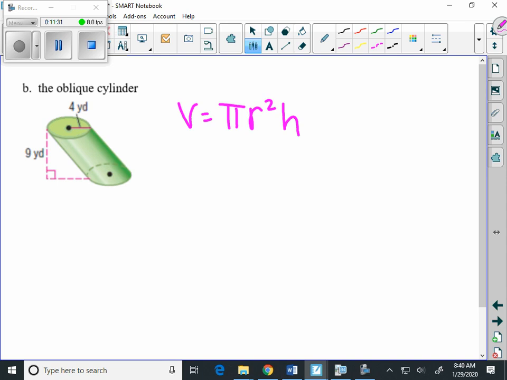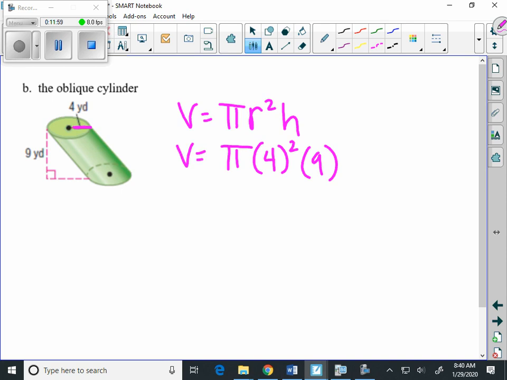Well, our radius is given to us in this particular cylinder. It's that pinkish color right there. That distance is 4, so this is 4 squared. And then the height of this figure is outside of the cylinder, but again it's listed as 9.